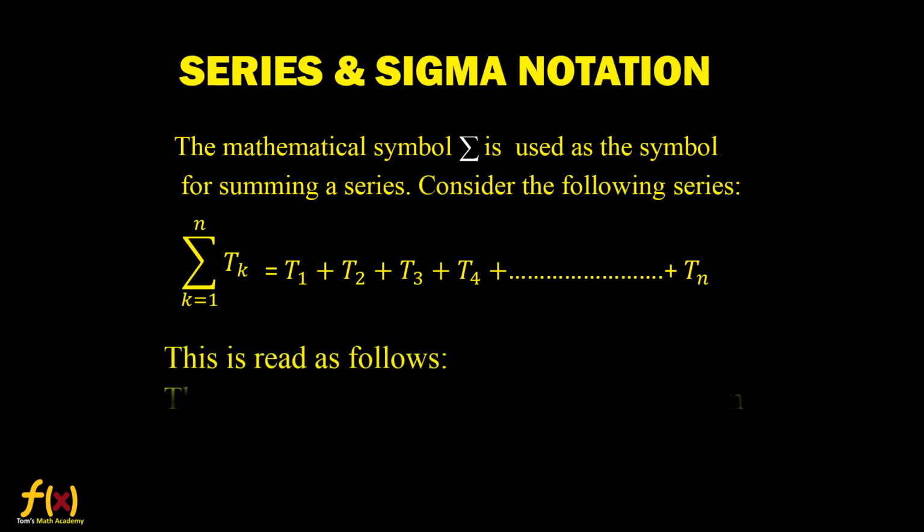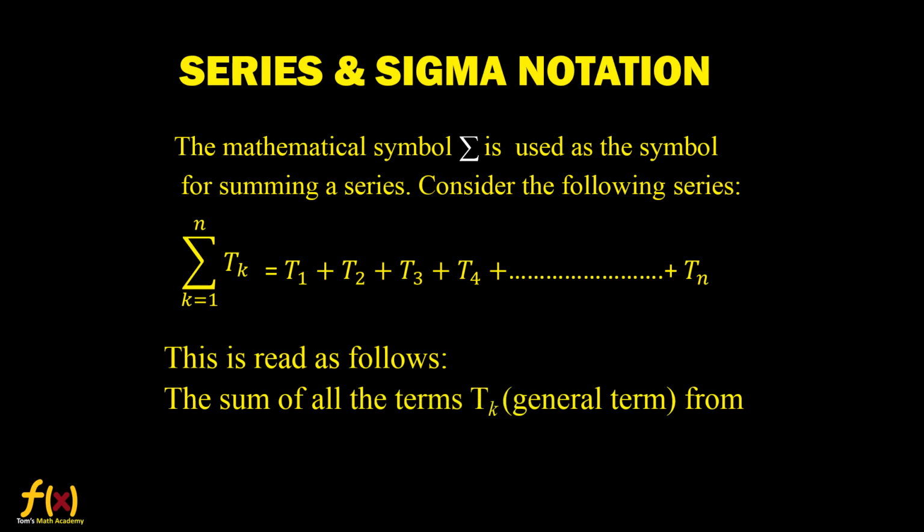This is read as follows: the sum of all the terms tk. Tk is the general term from k equal to 1 to k equal to n. Okay.